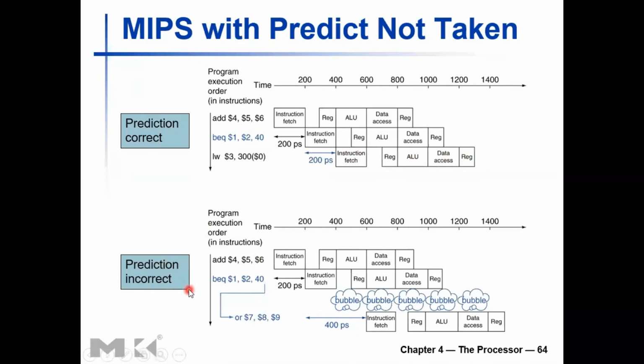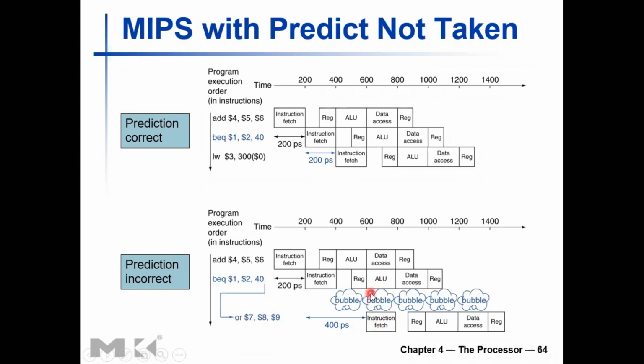So here in this case, where the prediction was incorrect, we predicted the branch will not be taken. We fetched the load instruction here, but in reality, by that time, we know the branch will actually be taken. Even though we guessed that it will not be taken, in reality, it's taken. So we have to jump 40 instructions ahead. Now what we do is we update the program counter using the fetch circuitry and fetch the next instruction here.